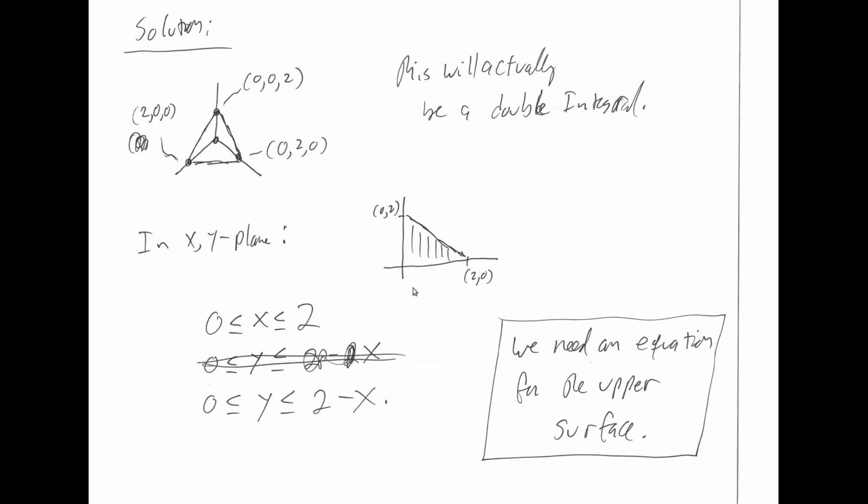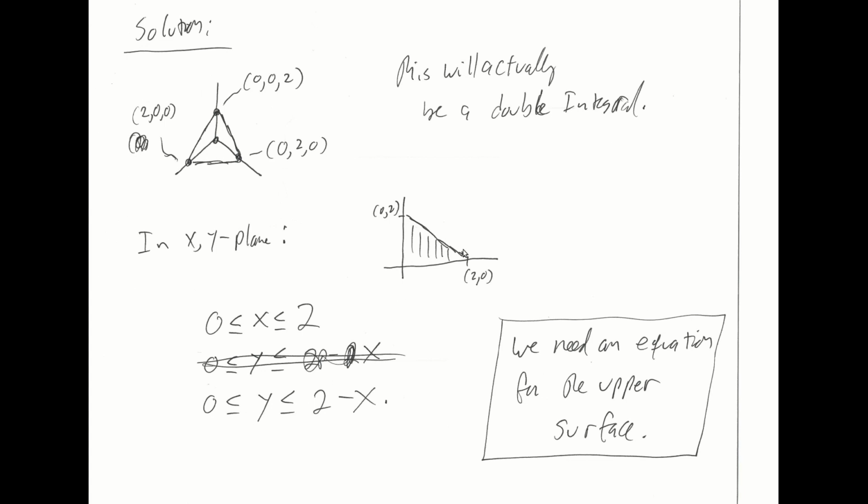So you could represent this as either a type 1 or a type 2 region. I tend to default to type 1 because I think about x first and then y if there's no reason to do otherwise. So x here is going from 0 to 2. That's my interval on the x-axis. For every such value of x, y is going from the x-axis up to this line. The x-axis in the xy plane is y equal to 0.